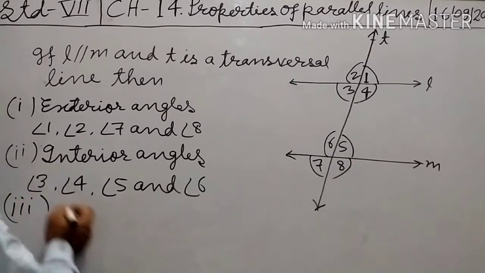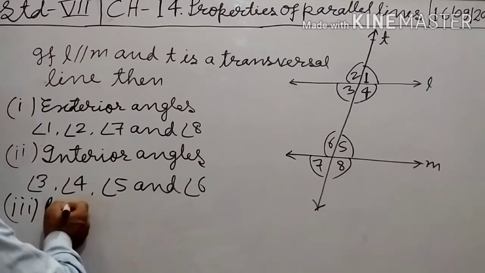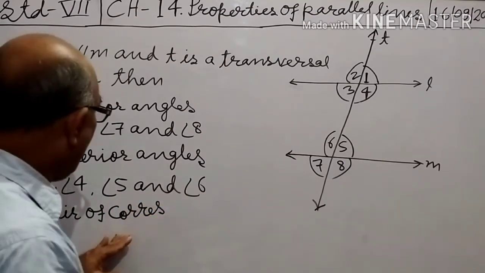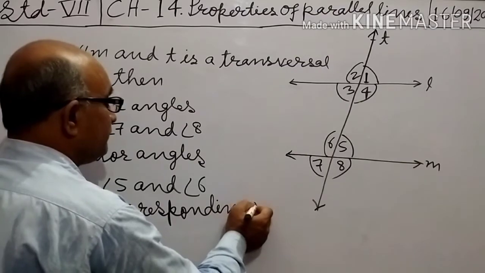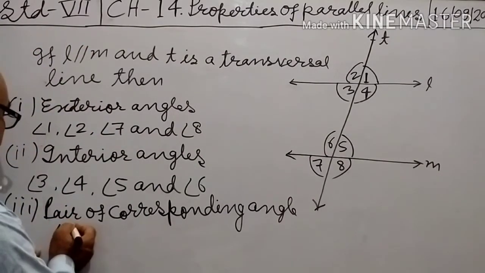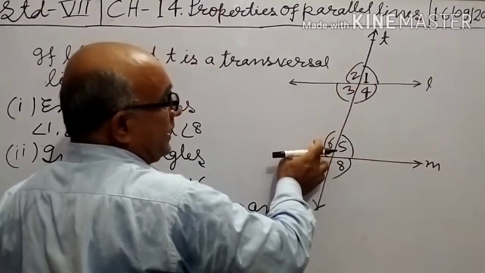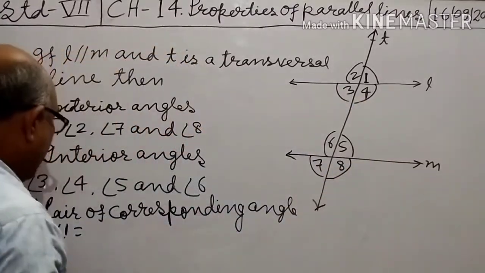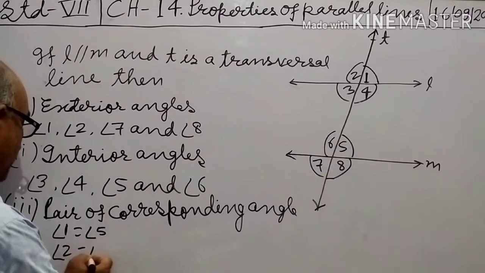Students, third is pair of corresponding angles. Here angle 1 equal to angle 5, angle 2 equal to angle 6, angle 3 equal to angle 7, and angle 4 equal to angle 8 are examples of pairs of corresponding angles.